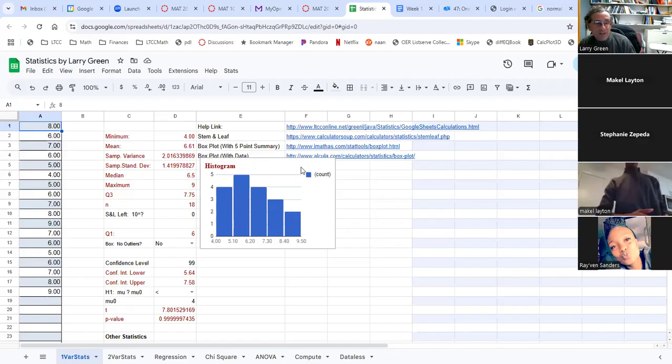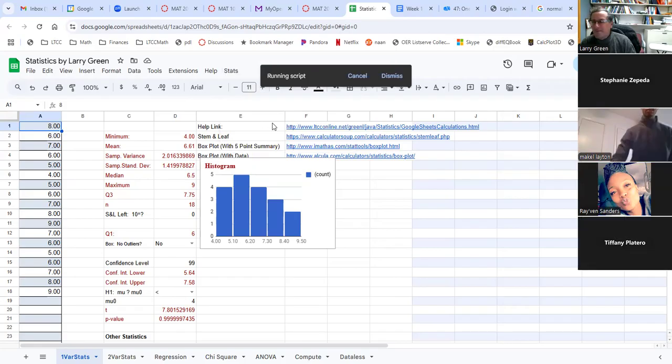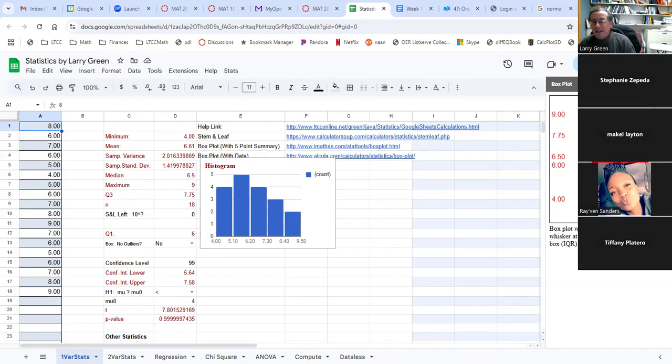Okay, so this is a histogram. Let me just show you some more. If I go to stats and I go to box plot, then that's going to give us another picture. And I want to give you a warning.